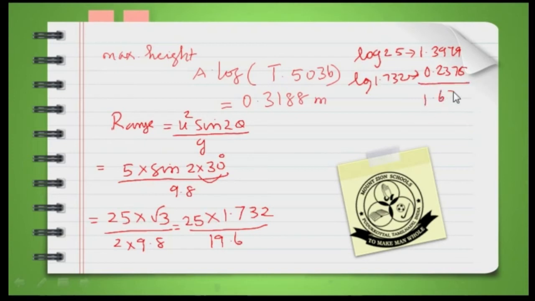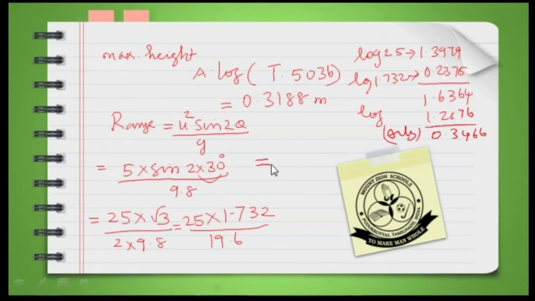That's equal to 1.6364. So we need now the log value for 19.6. When you find it, it is 1.26, this much. So we need to find the antilog of this again. Okay. So when you refer the antilog, then range is equal to 2.21 meter.